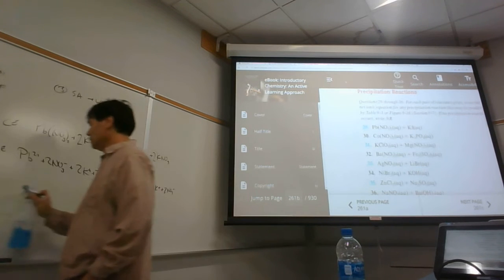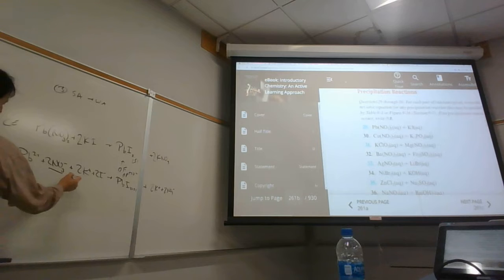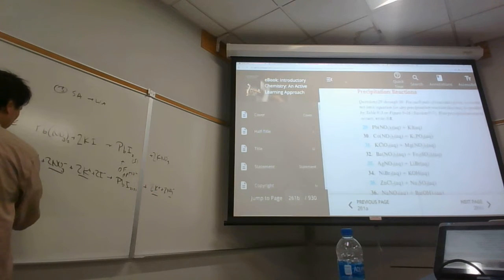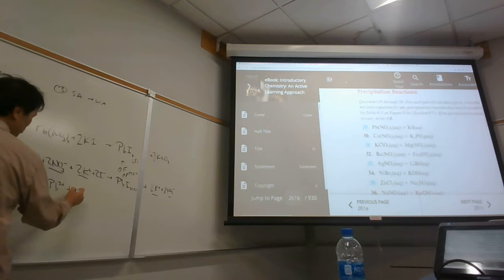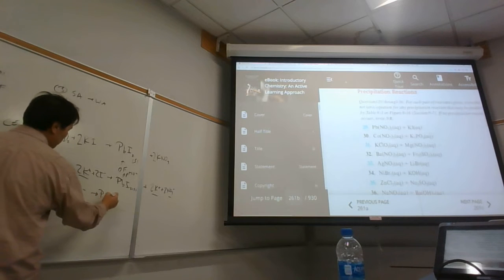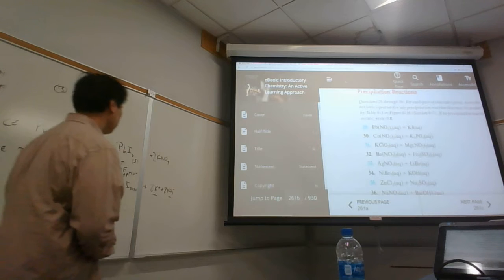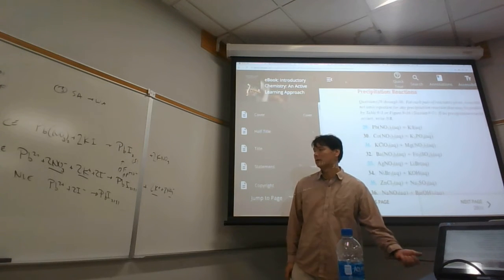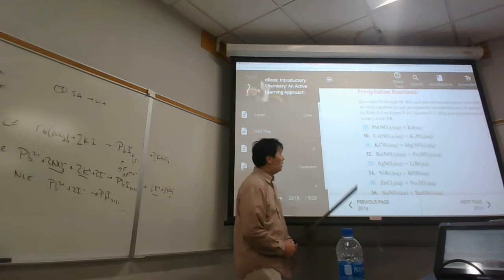And then looking at the spectators here, nitrate and potassium are spectators. So the net ionic equation will be Pb2+ plus 2 iodides yields PbI2 solid. So we expect the reaction to go.